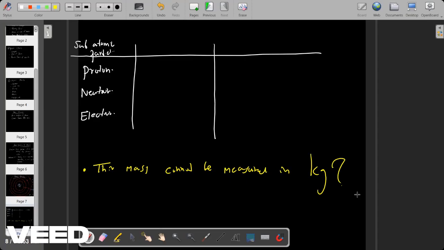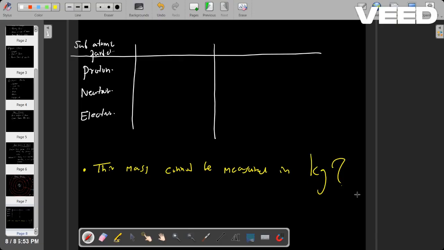If you use a weighing scale for measuring kilograms, will you be able to measure it? You put a proton and measure. Can you measure in kilograms? What will happen then? Will you be able to tell a value? Yeah, you will be able to tell a value.